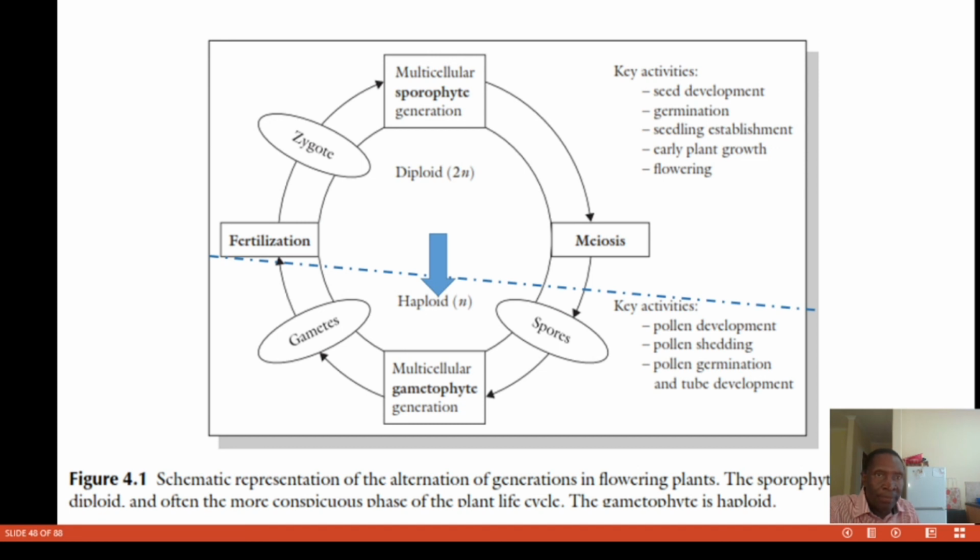Remember, seed development is one of the yield formations that we have an interest in because it is the longest, it is the most useful as a source of food.